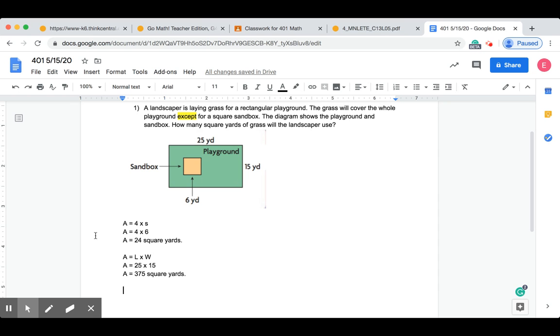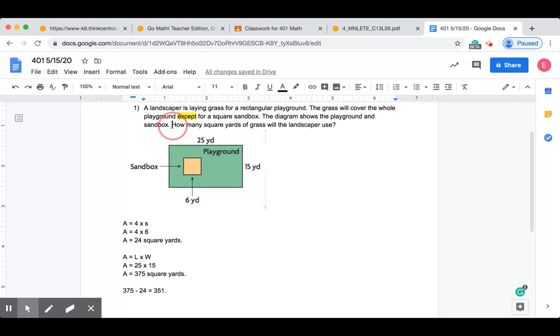So I will do 375 minus 24. Now 375 minus 24 will equal 351.